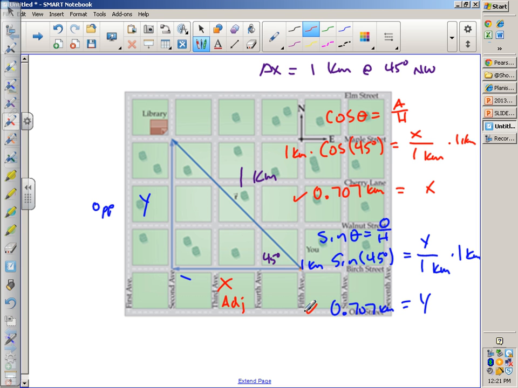Okay? So we said that our displacement is 1 kilometer at 45 degrees northwest, but what would be our distance traveled for this trip? 1.4. Oh, 1.414. Okay?